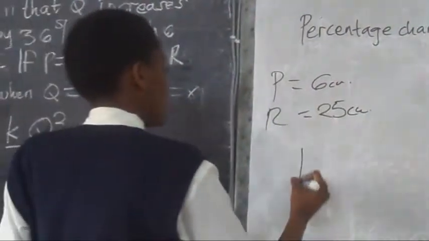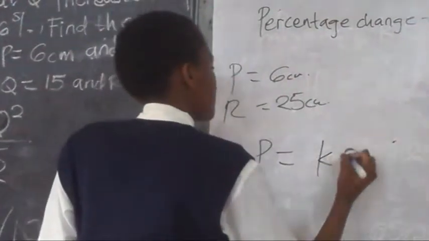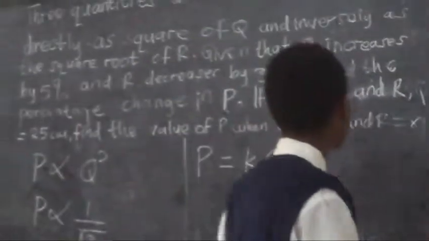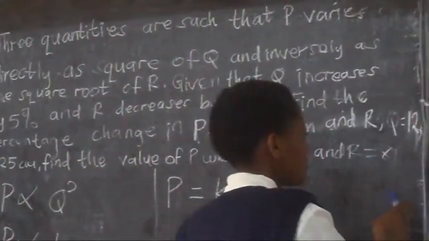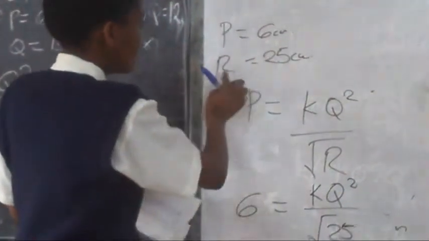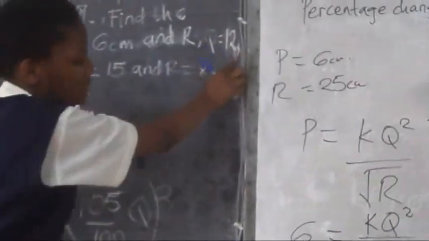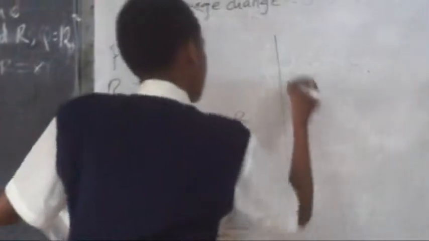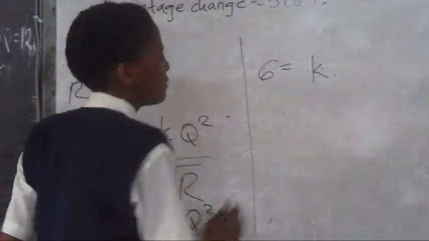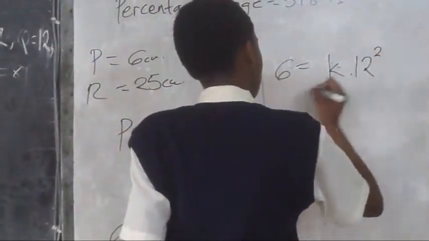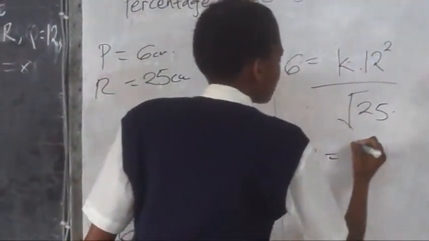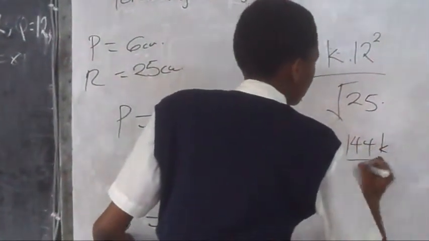Our equation for P was P equals K Q squared over root R. We replace P with 6, R with 25, and Q with 12. So 6 is equal to K times 12 squared over root 25, which gives 6 is equal to 144K over 5.